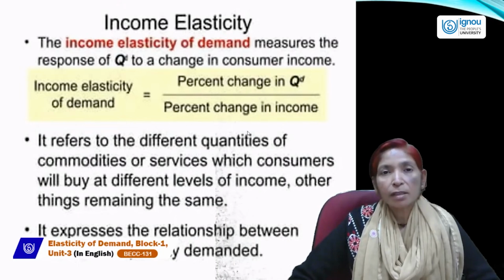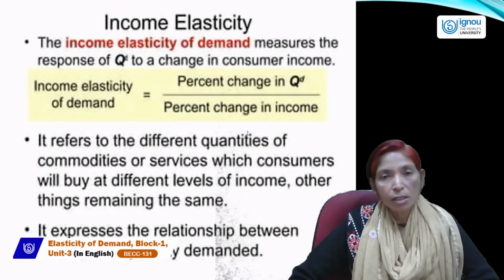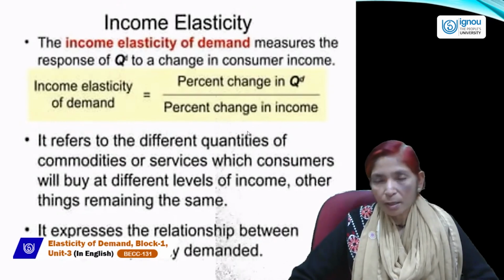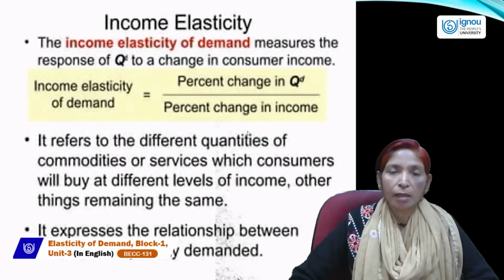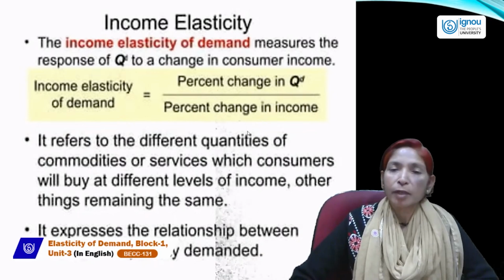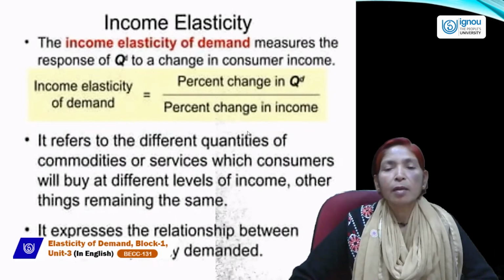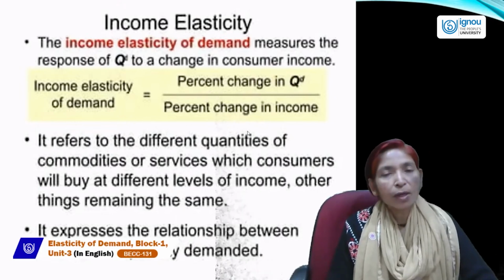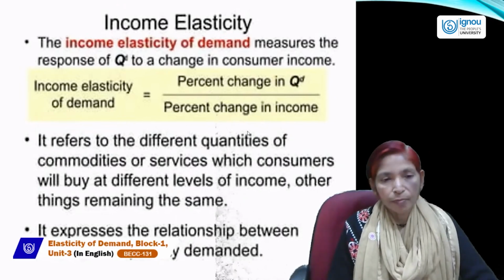If we can't change the demand for necessary products and it is not affected by the level of income of the consumer, that is called inelastic demand. So income can't influence the demand for necessary products, but income can influence the demand for inferior products, and also for normal products. So this is known as income elasticity.